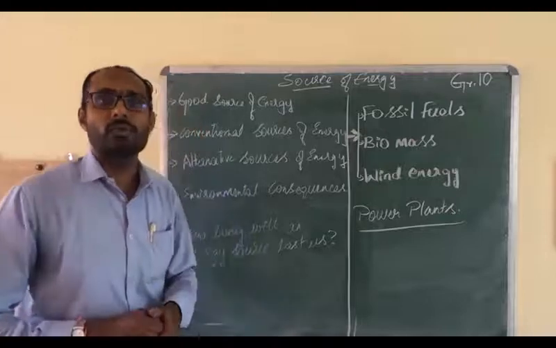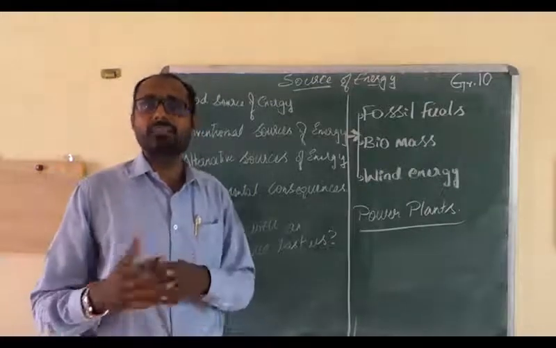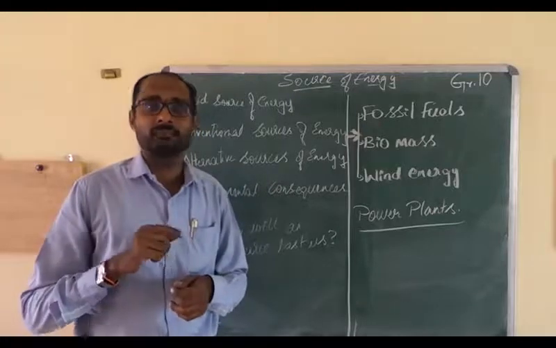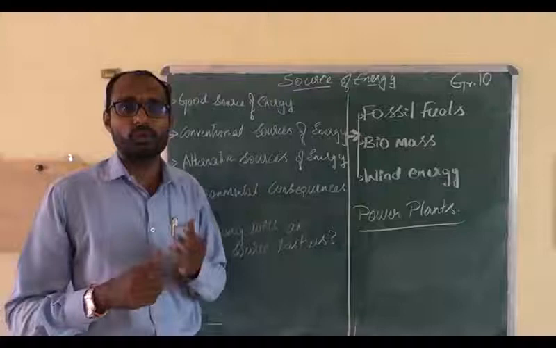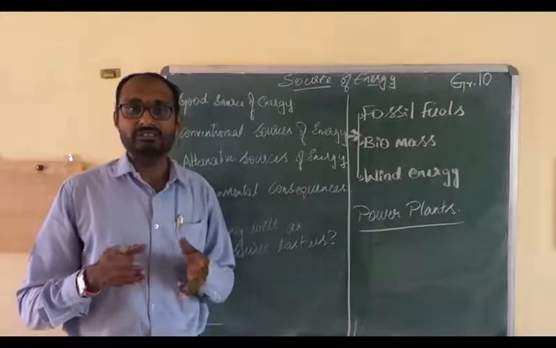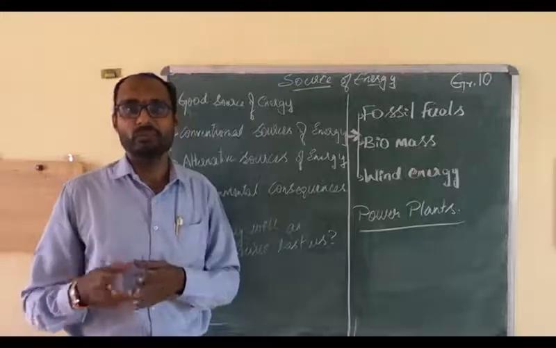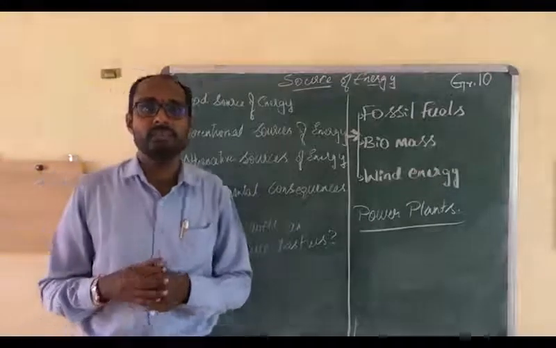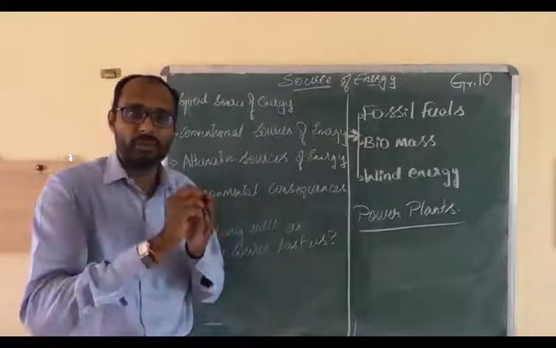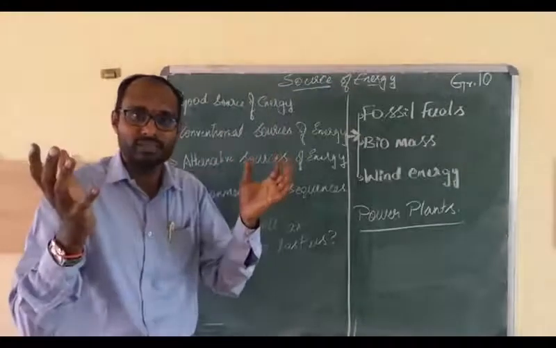The other place where we can produce electricity is a nuclear power plant. In case of a nuclear power plant, what are we actually doing? We are using radioactive substances like uranium, thorium, plutonium. These radioactive substances, when struck by a fast moving particle, give a huge amount of energy.